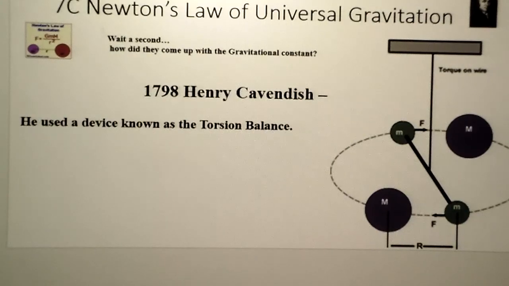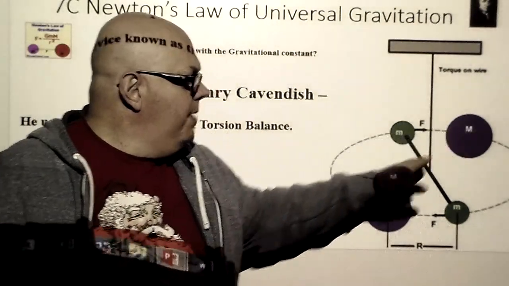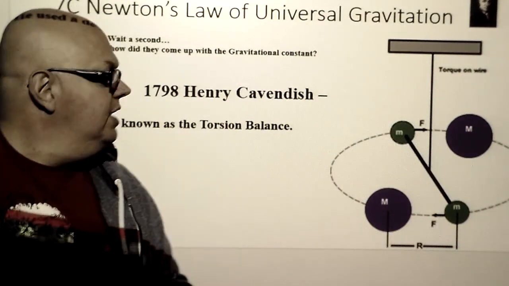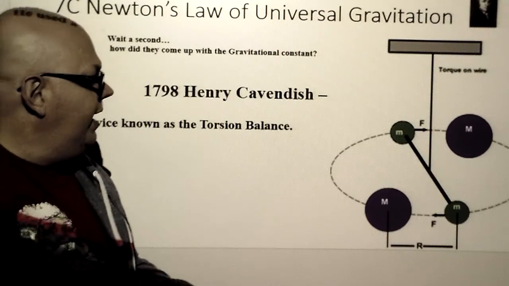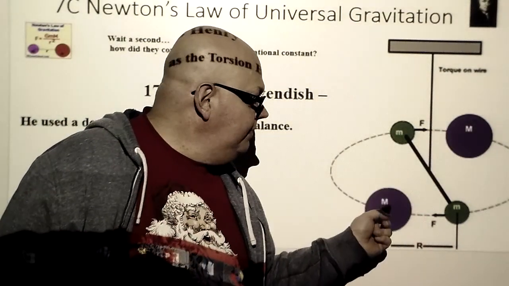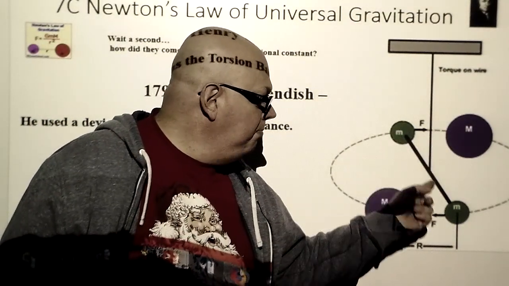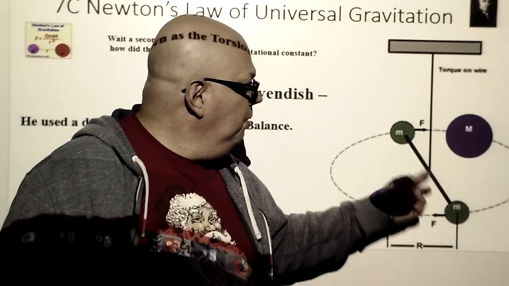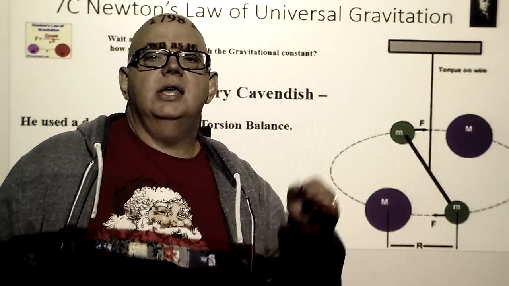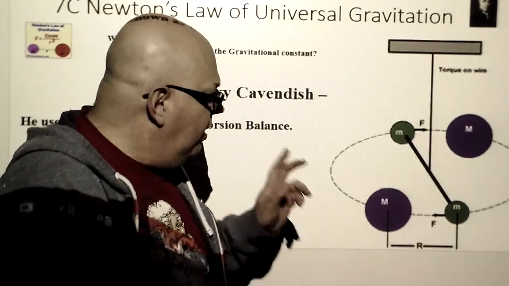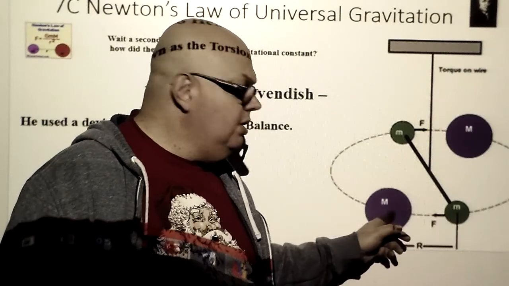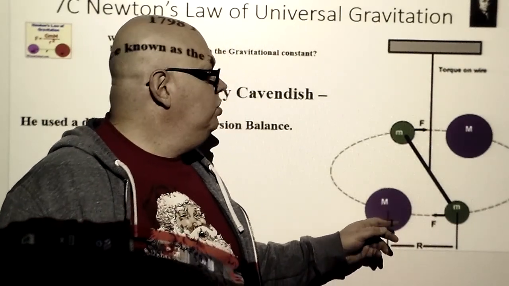So this is it. It's a torsion balance. You have two objects of a bigger mass. They're the same objects, same size, okay? And they're the same distance apart. Here you have a bar attached to a wire, and then you have two smaller objects, same size, same mass. Now the idea was the radius between the two objects, center to center, okay, there's your radius.